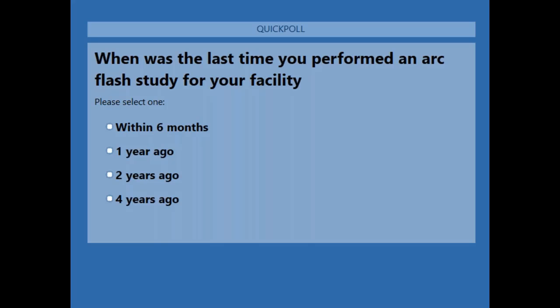Here's one. What do you typically do for panel boards that have a molded case circuit breaker that is dangerous on the line side, but not on the load side? How do you label it? Go ahead, Tony. Yeah, that's a good one.